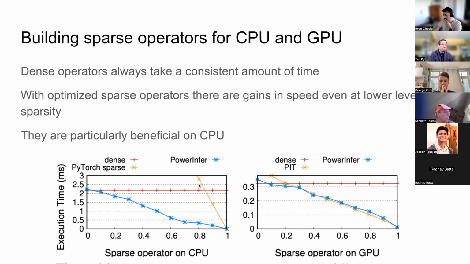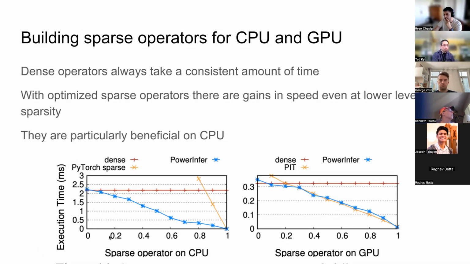And so their new PowerInfer set, you can see that even at fully dense matrix, it's almost as fast as regular dense multiplies. So when you get down towards 80% sparsity, you have much, much faster calculation, and you don't have much downside even when it's not super sparse.